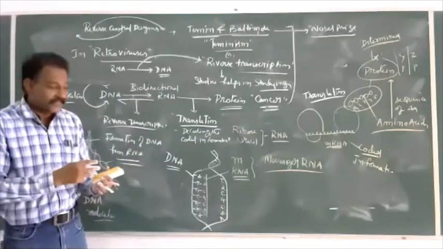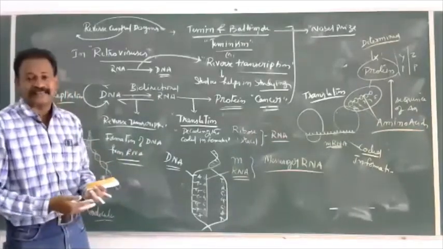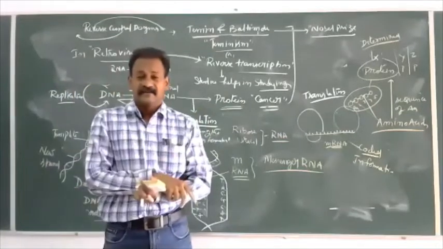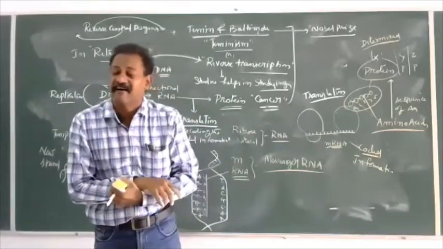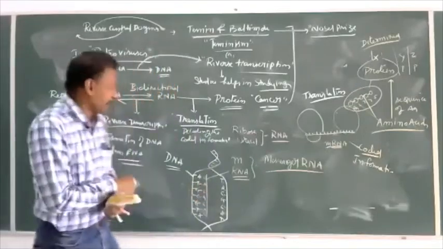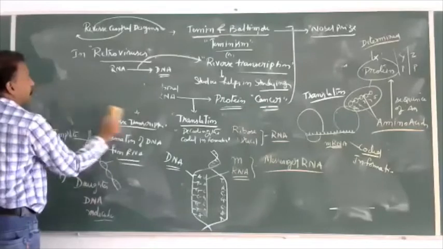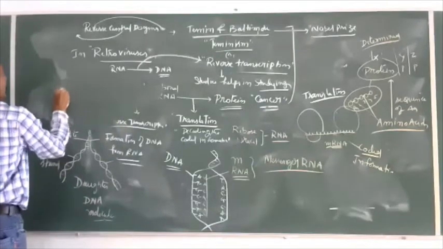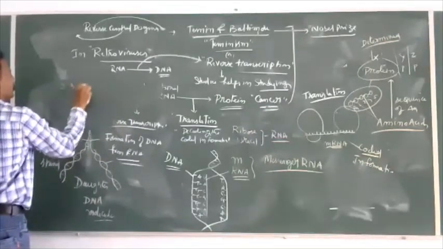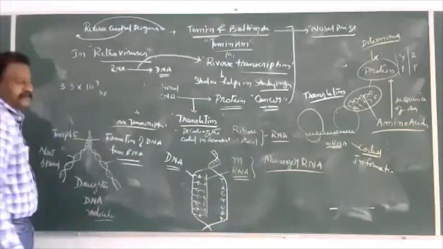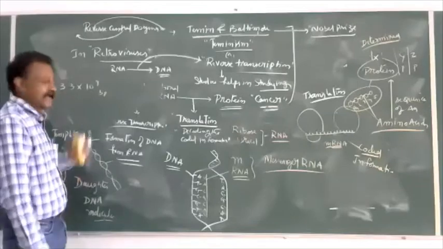In the coming classes, we are going to see how this much large DNA molecule is measured. How can you say that it is a large lengthy DNA molecule? By counting the total amount of DNA, for example, 3.3 into 10 to the power of 9 base pairs of DNA is present in a human being, haploid content.